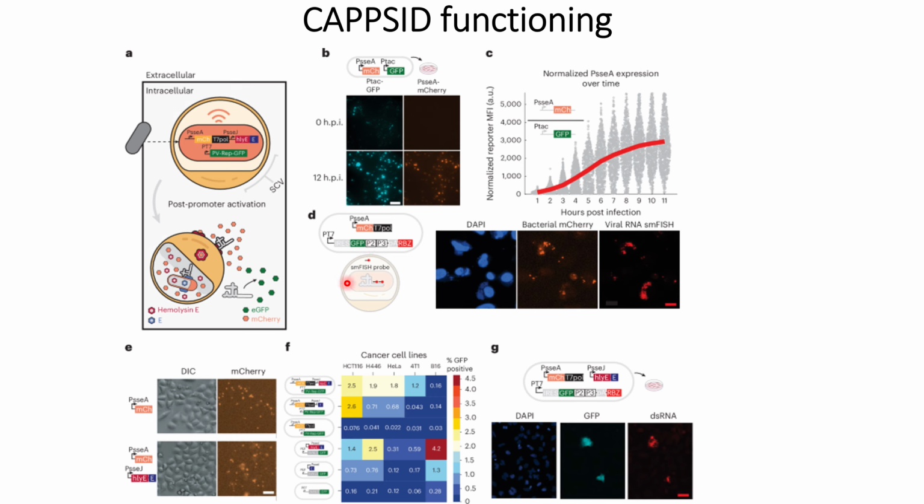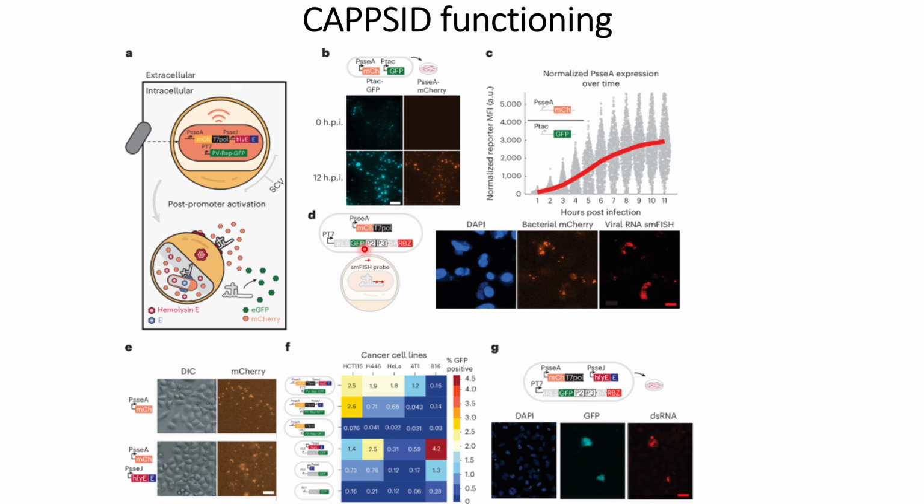And in this case, that is the main figure. They have shown the results where they transduced this T7 polymerase, which is necessary for the translation of the viral particles or viral RNAs.